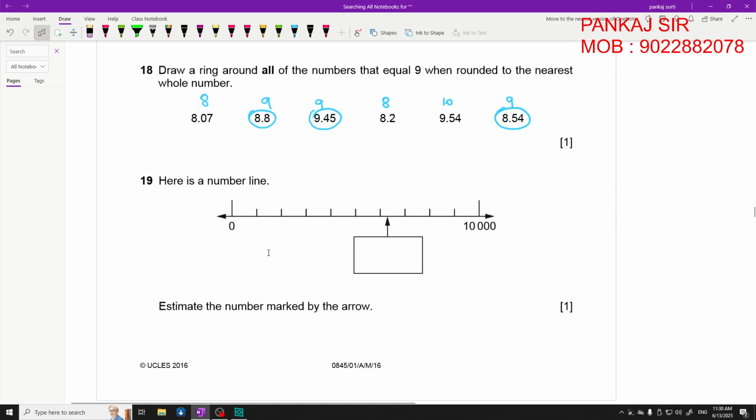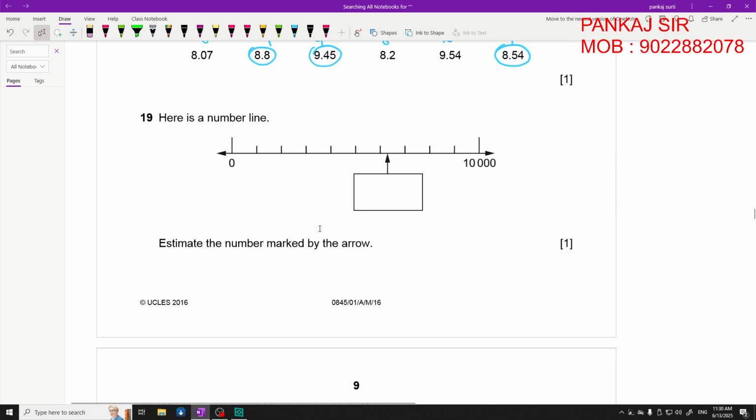Coming to the next question, question number 19. Here is a number line, and again you can see it starts with 0 and the last point on the number line is 10,000, and it has been divided into 10 parts. So what I'll do is divide 10,000 by 10. So I'll get 1,000, and this 1,000 represents each division.